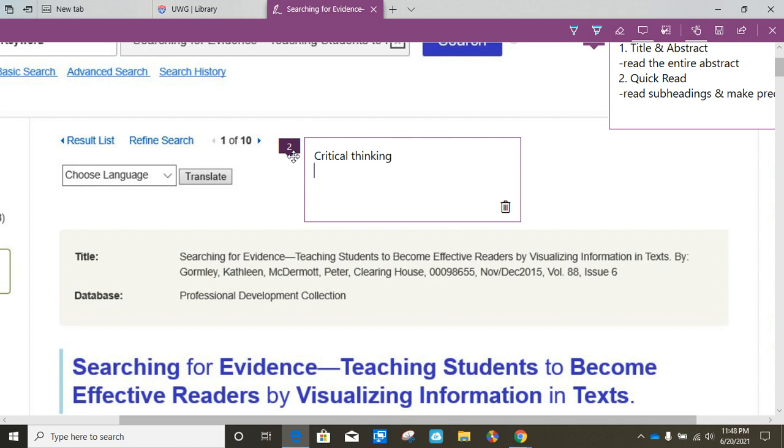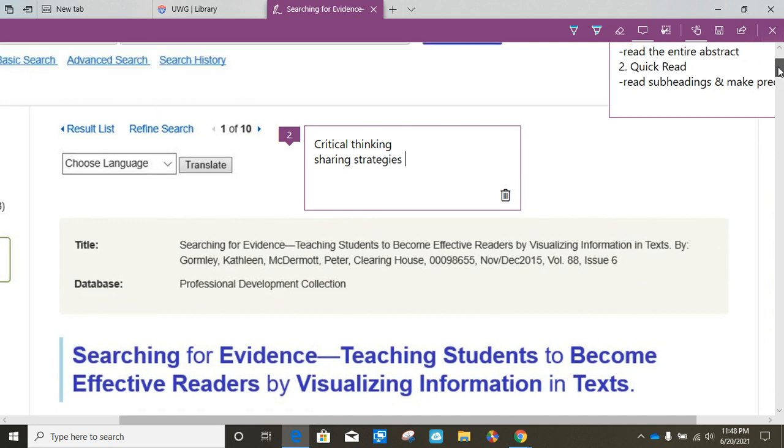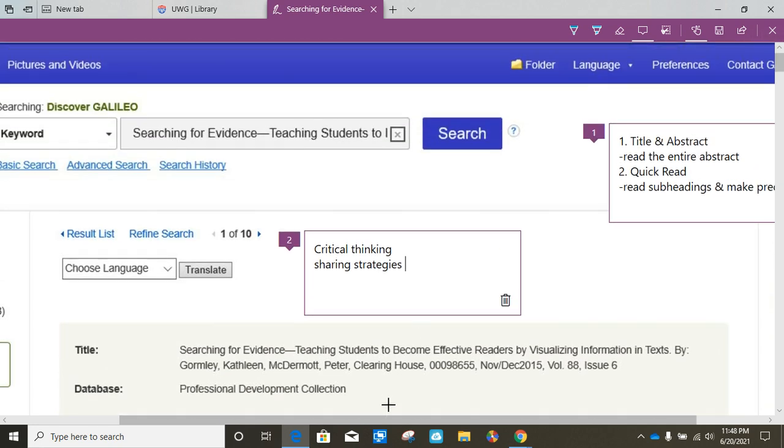I can also determine just by reading the subheadings that the author is sharing strategies with us. And these strategies look as if they are improving our reading comprehension, which again goes back to the title, becoming effective readers and visualizing information in text.